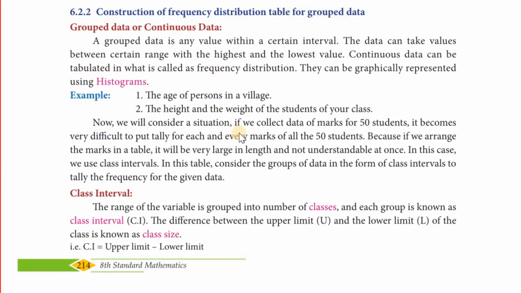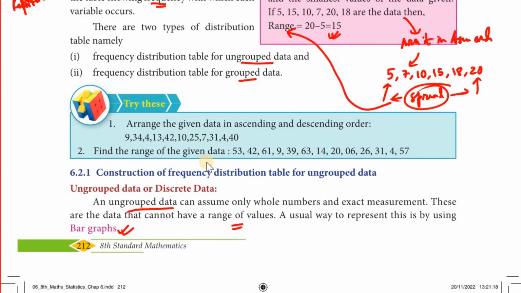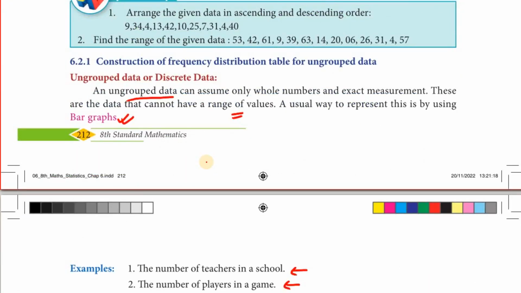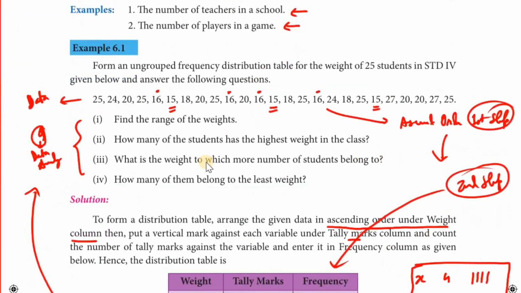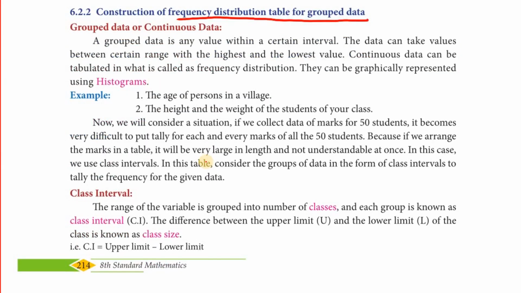Now with this information, we will move forward to the construction of frequency distribution table for group data. What we have been doing till now is basically constructing the frequency distribution table for ungrouped data. So the next topic is the construction of frequency distribution table for group data.